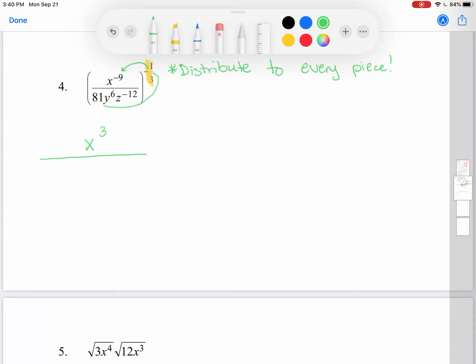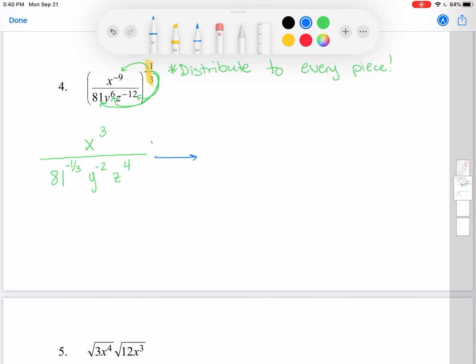And then when I move into the denominator, I also have to take this -1/3 power, and it's also got to go to that 81. So just because there's a number there, we can't forget about it. So it's -1/3 on my 81. And then I go and I move to my y. So -1/3 times 6 is going to give me a -2. And then for my z, I'm going to have -1/3 times -12, which is a +4.